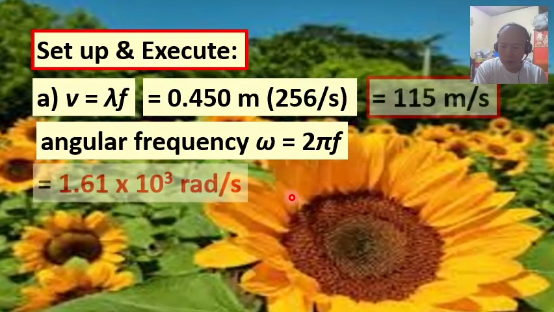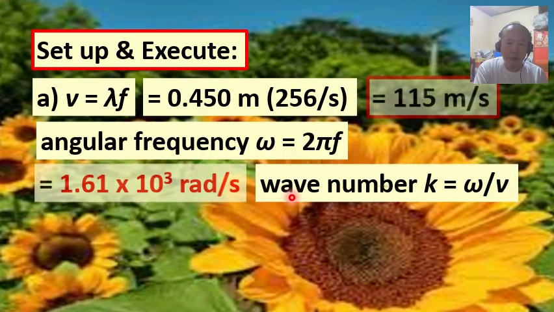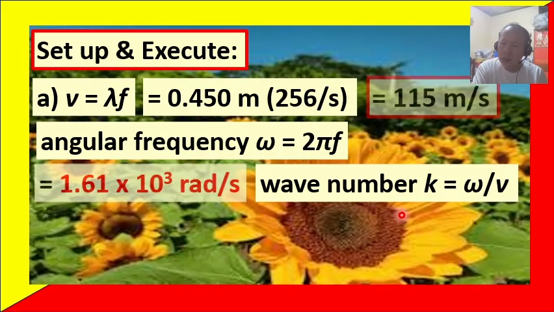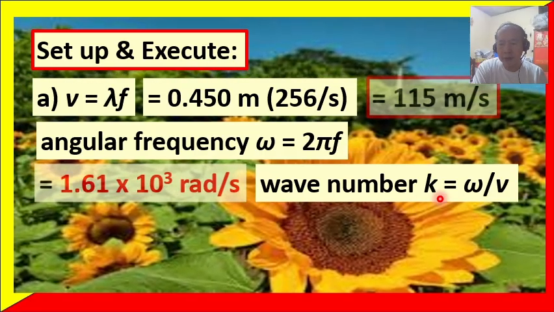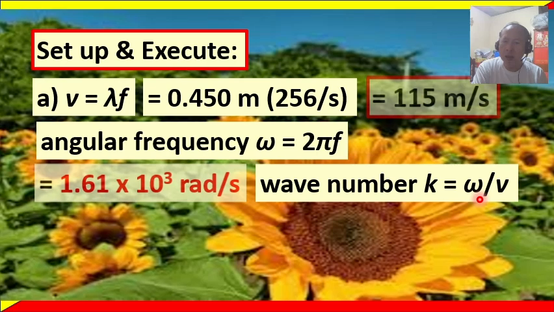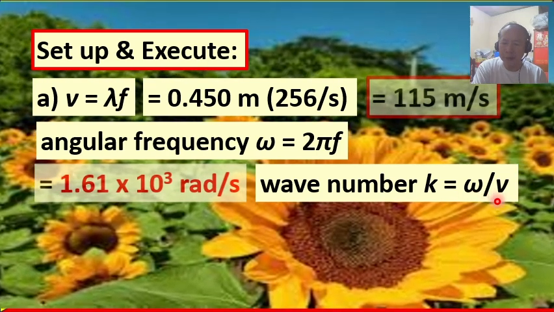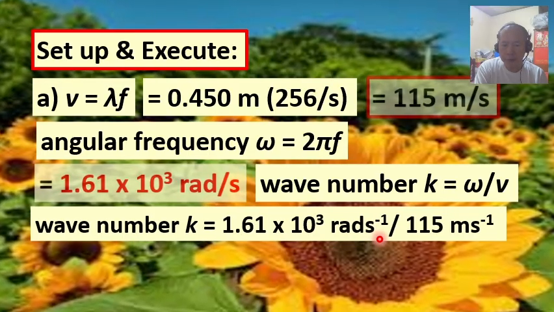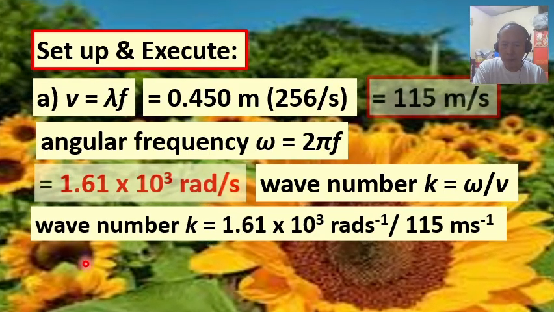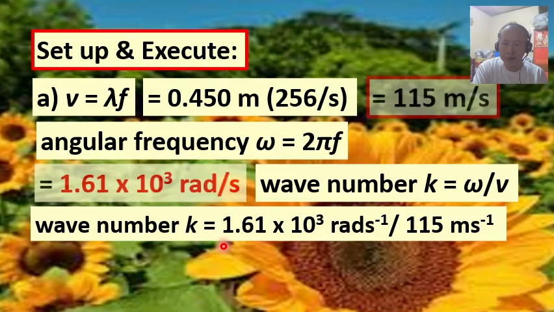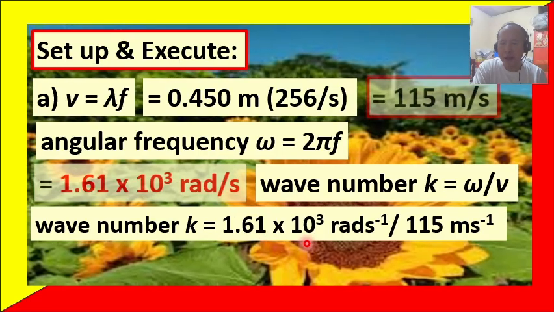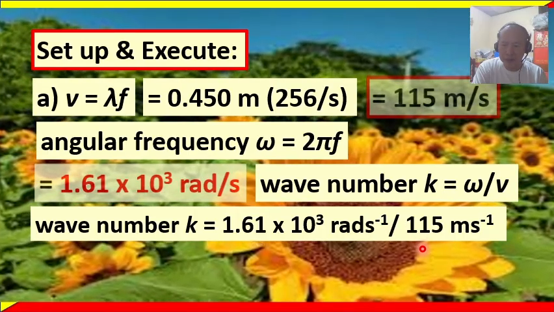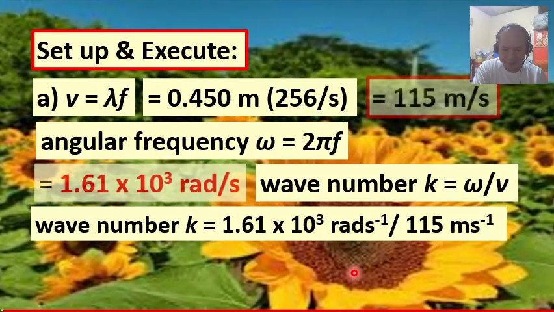Likewise, we also compute for what we call the wave number, small letter k, which is equal to the angular frequency omega divided by the speed of the wave v, or the wave number small letter k is equal to 1.61 times 10 raised to the third power radian per second divided by the speed v, 115 meters per second.